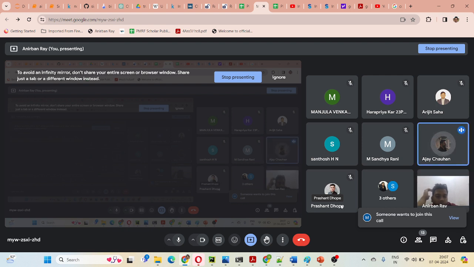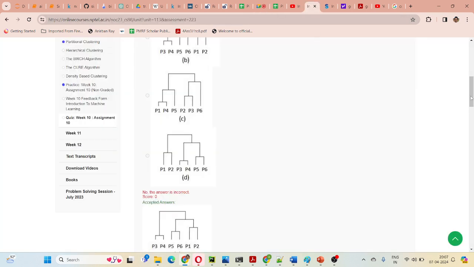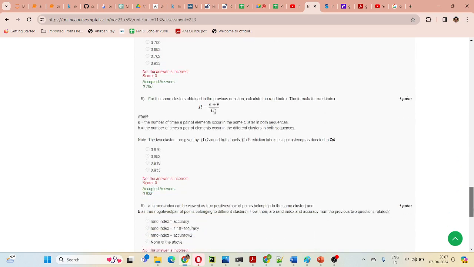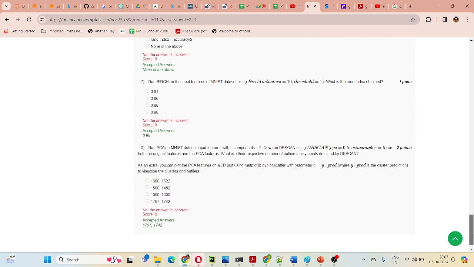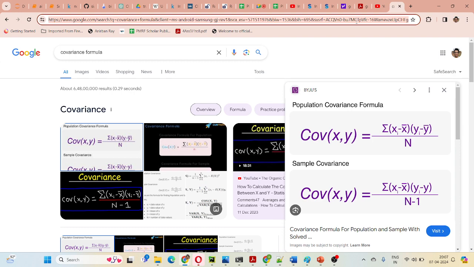And one more problem in the same assignment, question number 7, the RAND index. So you have to run a notebook? No, no, no. I think this assignment is not the one which is given to us. Yes, it's the old one actually.